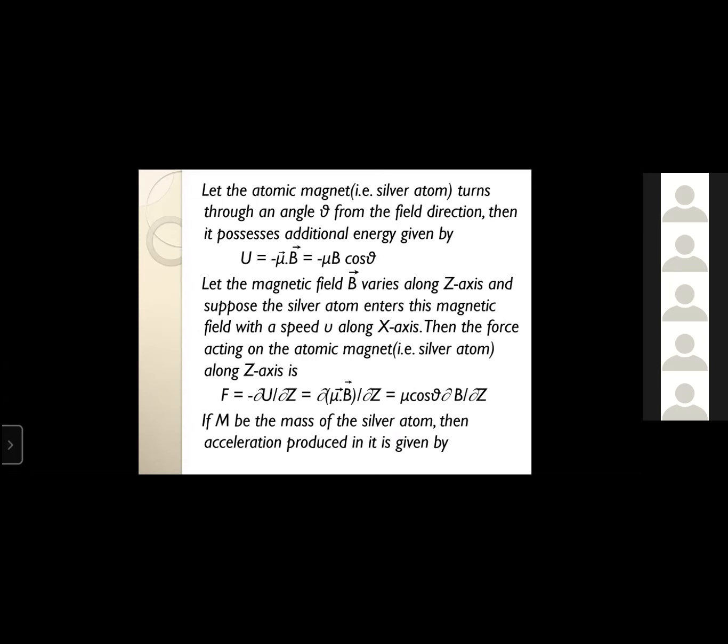Then it possesses additional energy given by U equals minus mu dot B, which equals minus mu B cos theta. Let the magnetic field B vary along the z-axis.